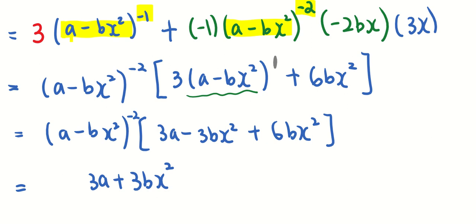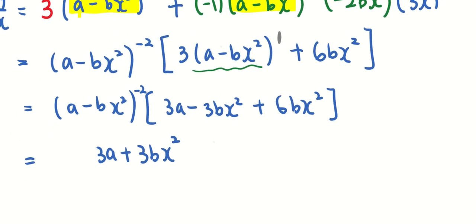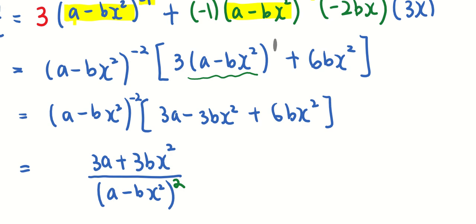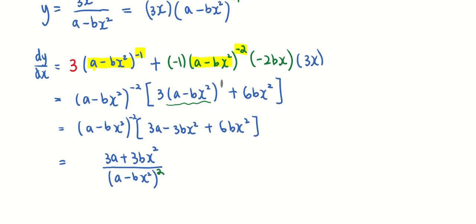Then what happens to the one with the power negative 2? As a fraction, I will bring it down. And what happens to the power? It becomes positive. So it becomes 2.